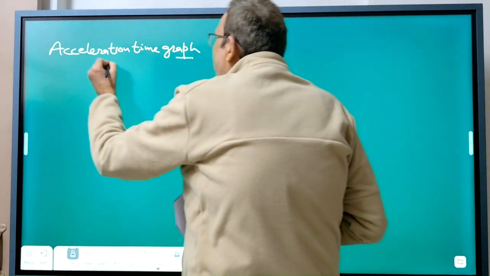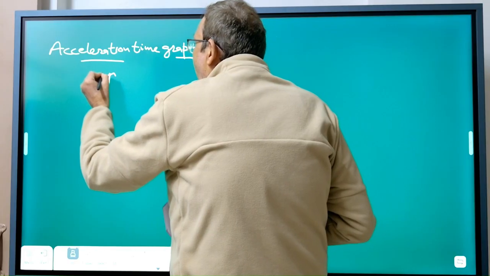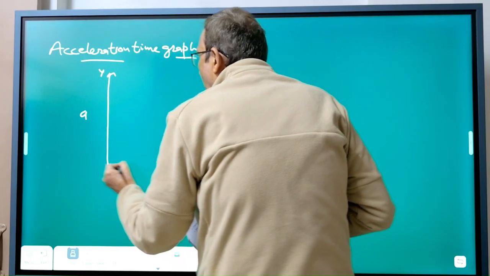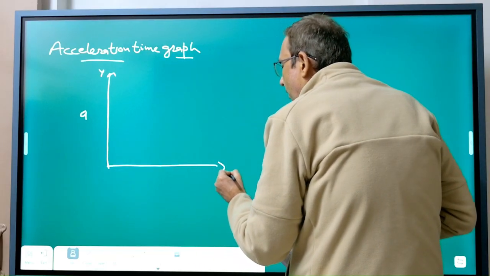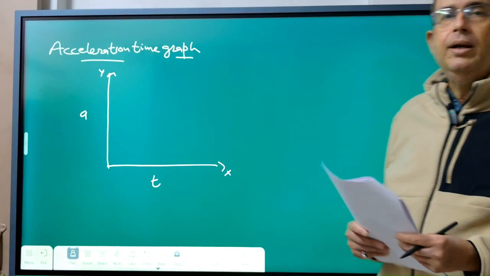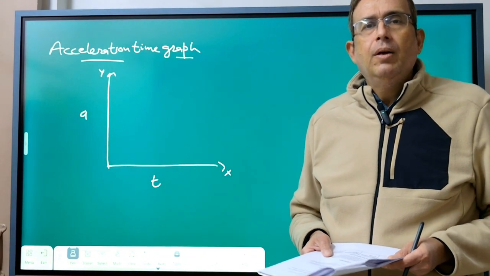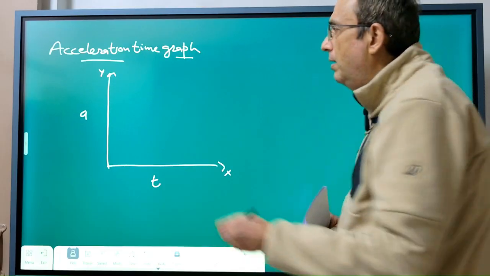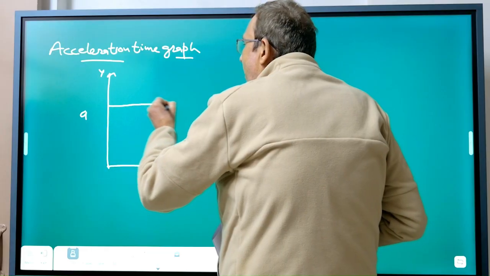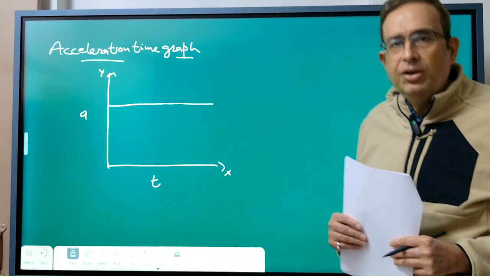In this acceleration-time graph, on the y-axis you have acceleration and on the x-axis you have time. It would be very evident that for a constant acceleration, or a uniformly accelerated motion, the graph would be a straight horizontal line, because the acceleration is not changing.